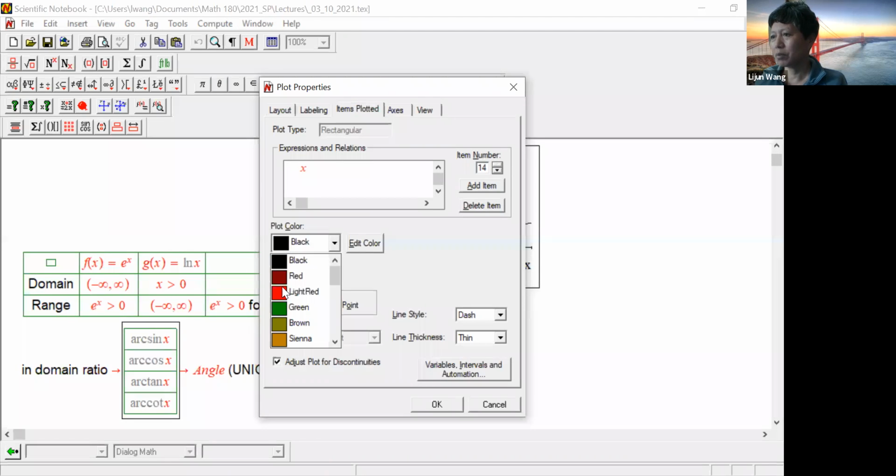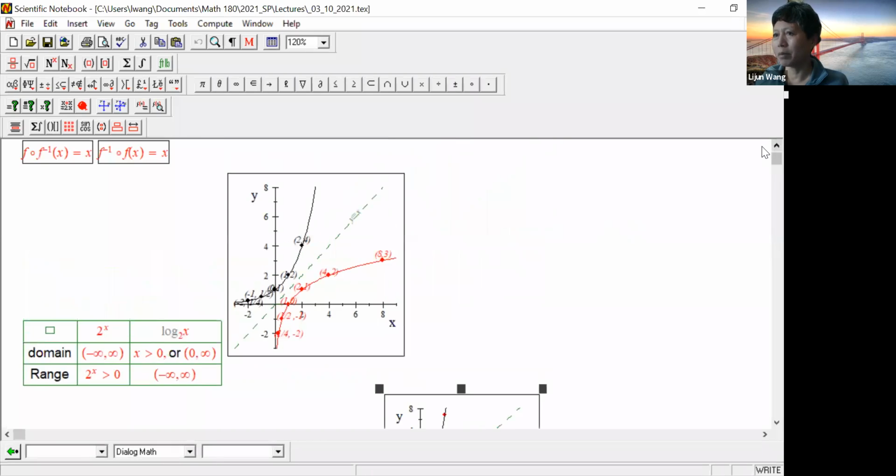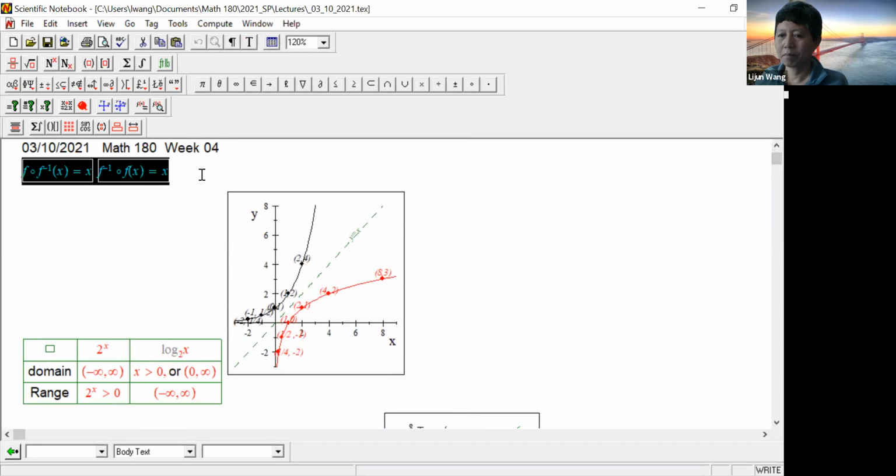So I'm going to put the green here. I probably will never make it perfect the way I want it, but at least you see that this is e to the power x, this is ln x. They're inverse functions to each other, right? At the time we talked about this property, that functions that are inverse to each other have that property: composite.